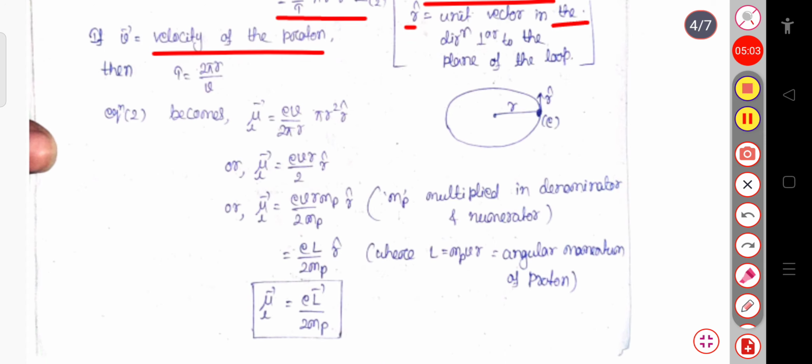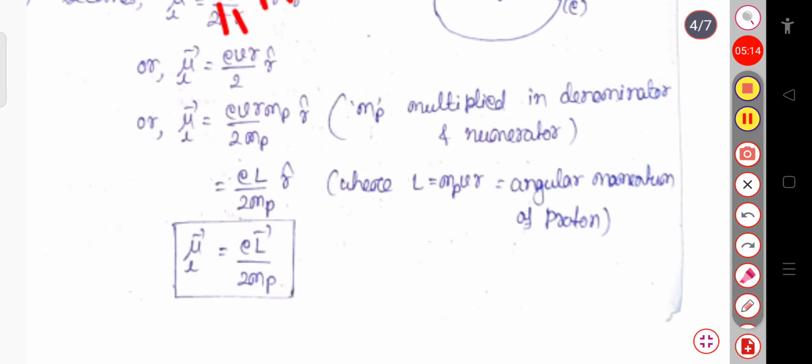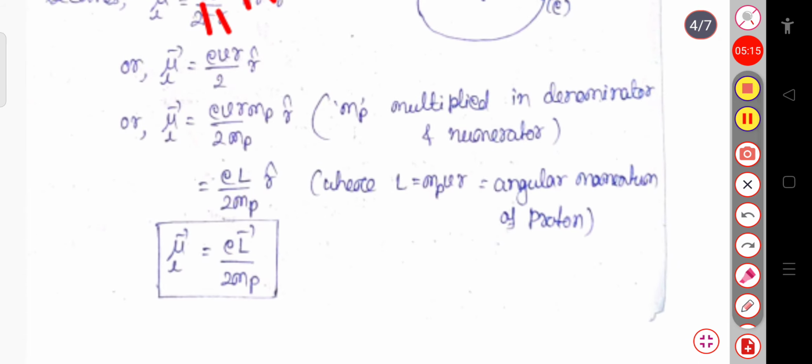Again this r will cancel with this r, and pi will cancel with pi. So this will be e v r by 2 into r cap. This is your magnetic dipole moment. If I multiply by M_p in the numerator and the denominator, then in place of M_p v r I can substitute L. This L is the angular momentum of the proton.